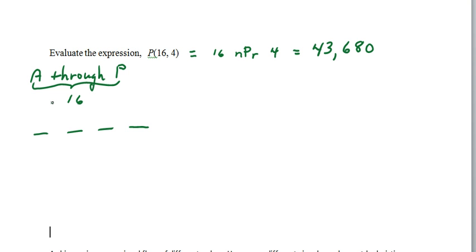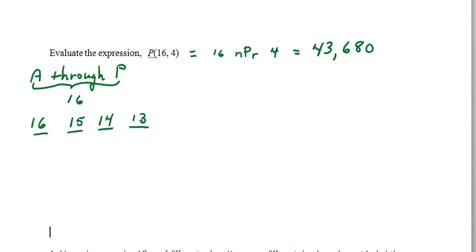Strings of letters that do not allow repetition would mean there would be 16 possibilities for the first space, 15 for the second, 14 for the third, and 13 for the fourth.